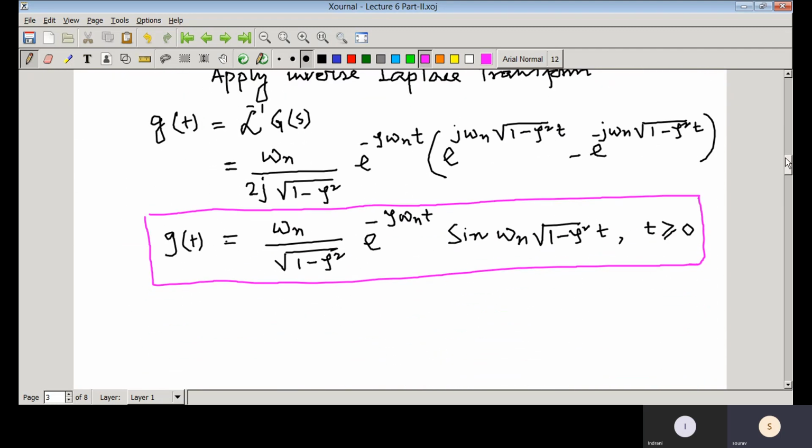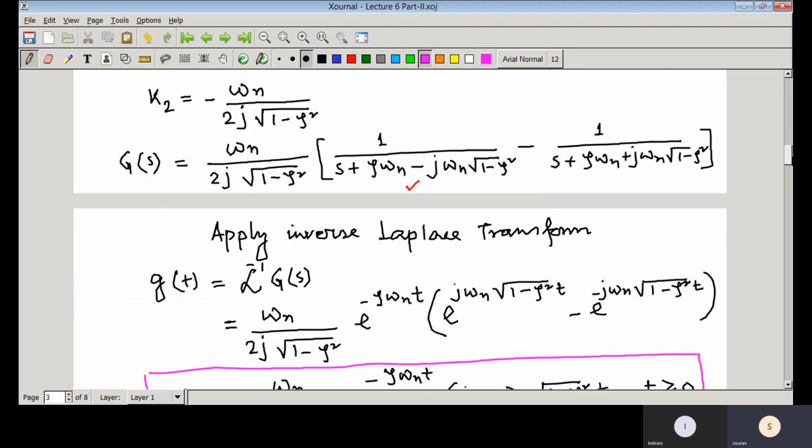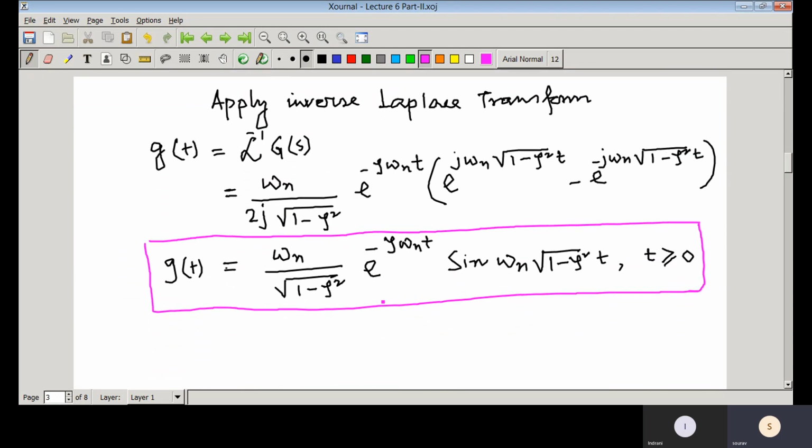I suggest you remember this expression, because whenever you solve any standard second order system, if you always follow this method, it would be very clumsy. So it is better to remember this expression: omega n by square root of 1 minus zeta square, e to the power minus zeta omega n t, and sine omega n square root of 1 minus zeta square t.